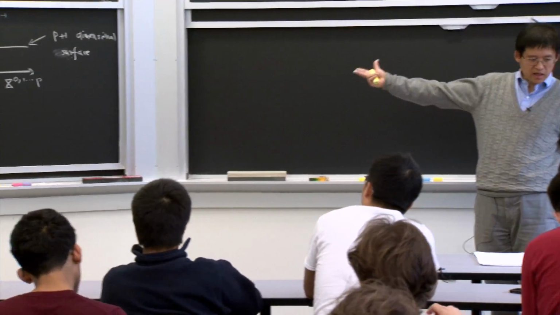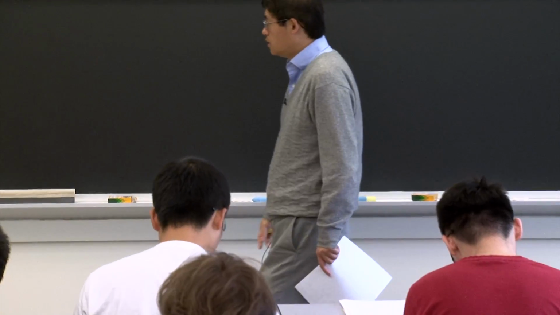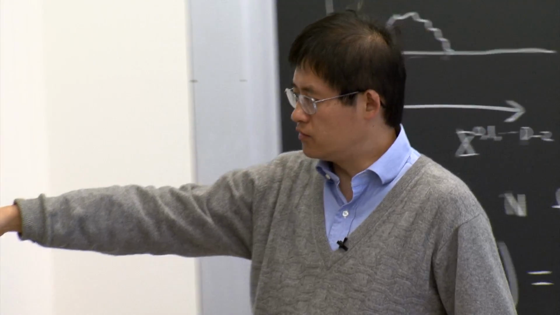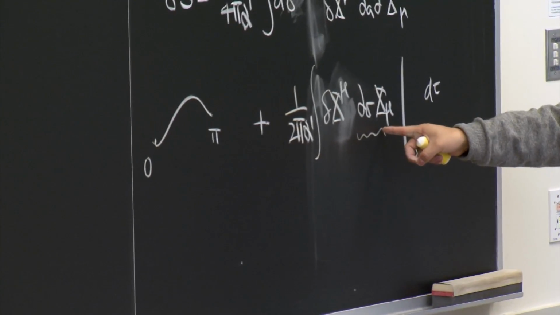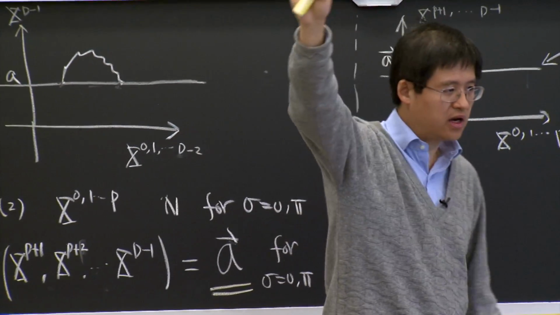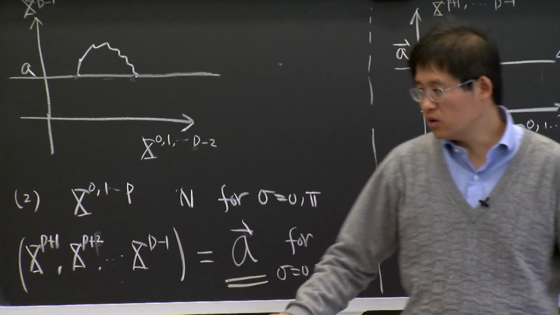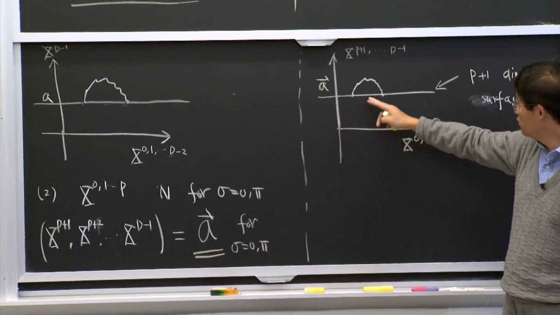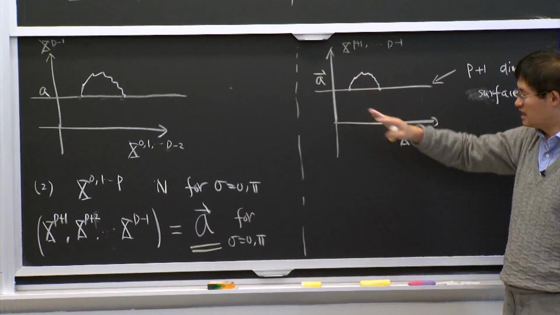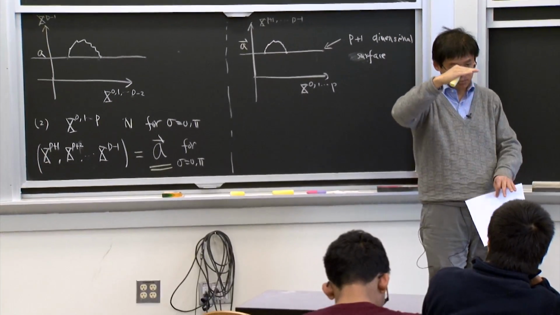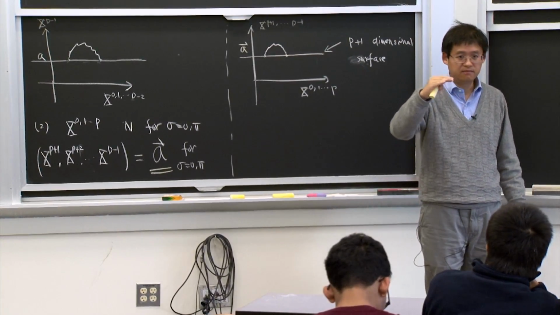So if you look at this naively, previously when we considered the Neumann boundary condition for all directions, there's no restriction on the string, and the string can move anywhere. Now when in some directions we impose the Dirichlet condition, the motion of the string gets restricted, and the endpoint now has to lie on some subdimension of the space-time.